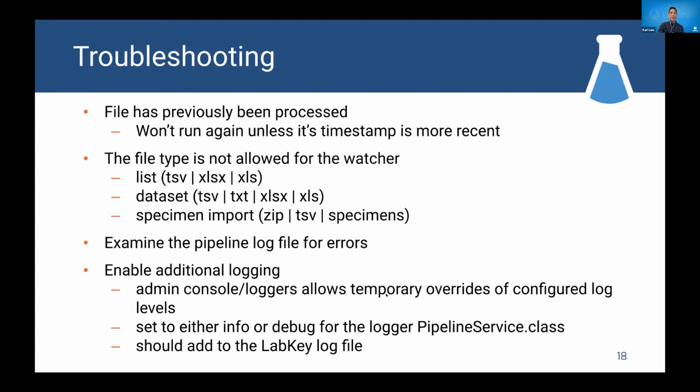And then if your pipeline job does run, but something goes wrong with it, definitely look at the pipeline log for errors. Additionally, we write out log information in the file watchers.